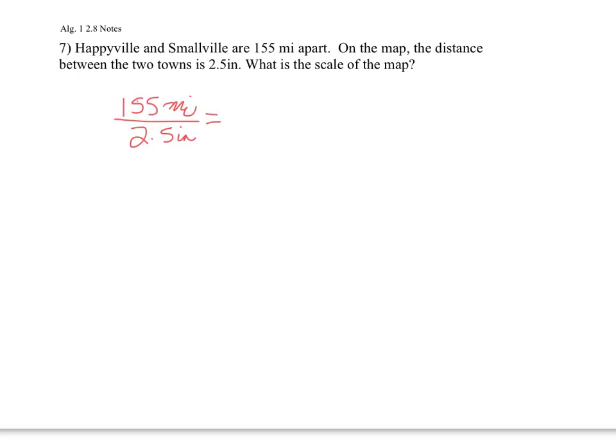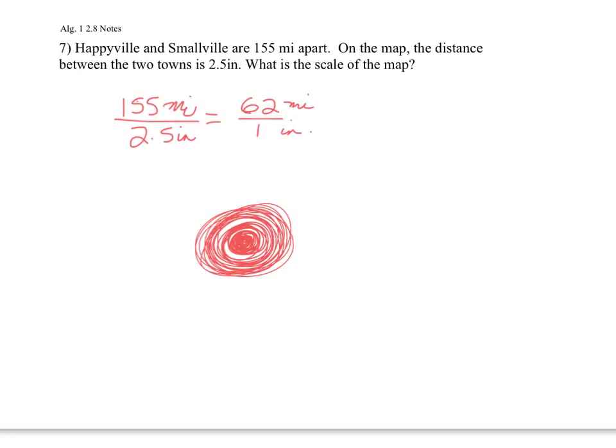So we're going to take 155 and divide it by 2.5. The answer is going to give us our scale. I'm going to pause it so I can do that calculation. Alright, so I came up with 62 miles is equal to 1 inch.